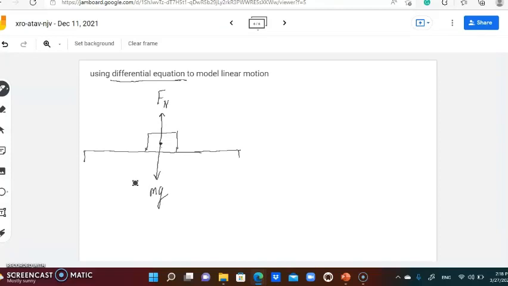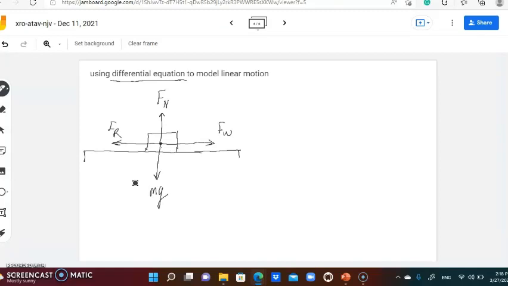That's the normal force. Now, let us say that my object is moving in this direction. So there is some force, Fw, that is pushing my object in that direction. There's going to be some resistance force, Fr, that is pushing back on my object in the opposing direction.